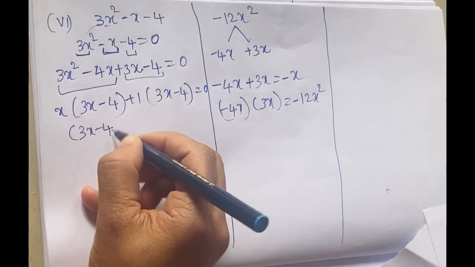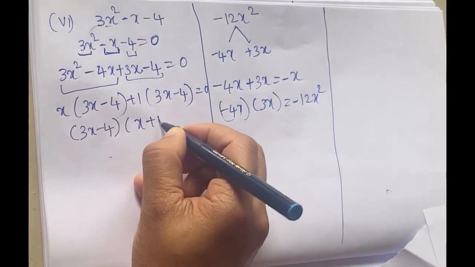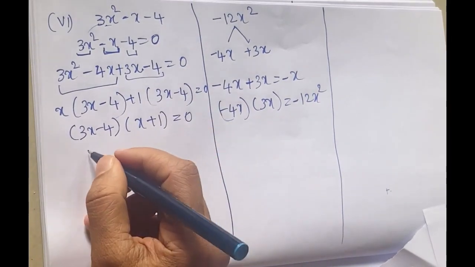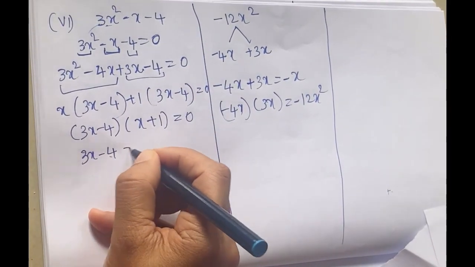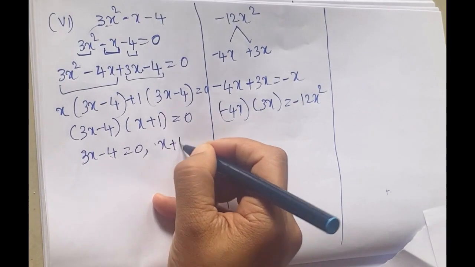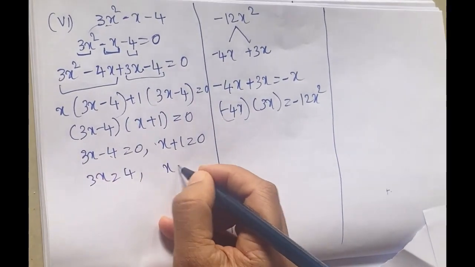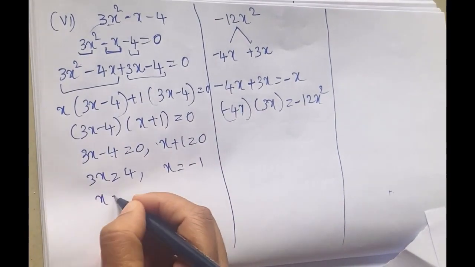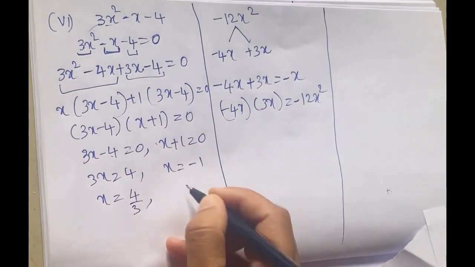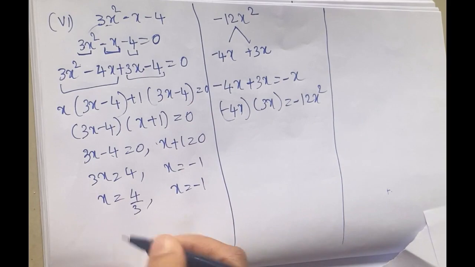So 3x minus 4 into x plus 1 is equal to 0. 3x minus 4 is equal to 0, x plus 1 is equal to 0. 3x is equal to 4, so x is equal to 4 by 3. X is equal to minus 1.